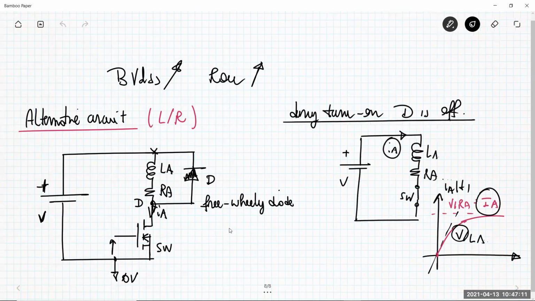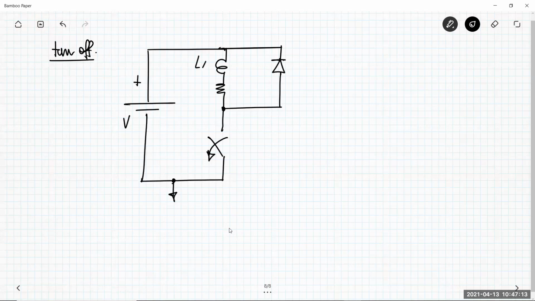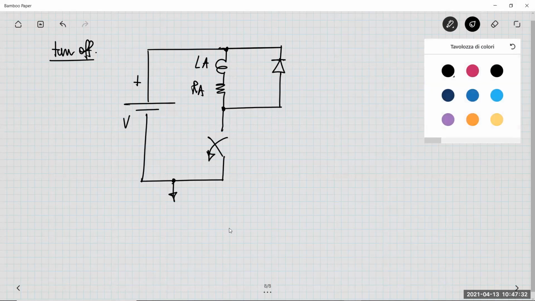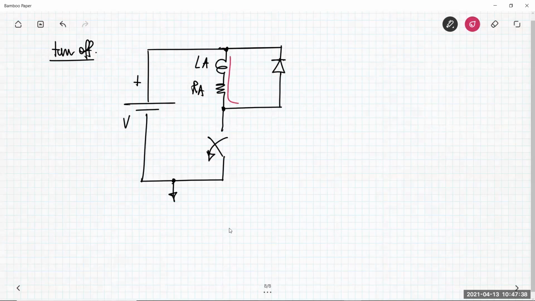As I said before, this is not possible because there is magnetic energy stored in the inductance LA of the phase we are driving. Remember the energy one half LA IA squared. This energy cannot vanish suddenly. The current continues to flow, but now this current finds a path which is no longer the body diode of the MOSFET, because the current IA flows in this path here.